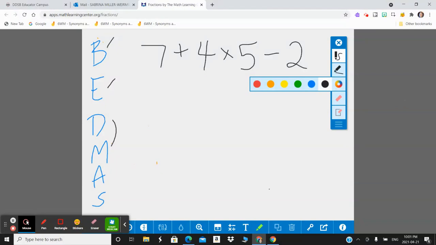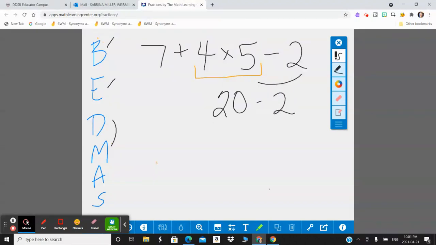So there's no division in this problem, but I do see multiplication. 4 times 5. Okay, so according to the order of operations, I'm going to do 4 times 5 first. And I know that 4 times 5 is 20. I'm going to rewrite everything to the right, so minus 2, and everything to the left, there's a plus sign and a 7.